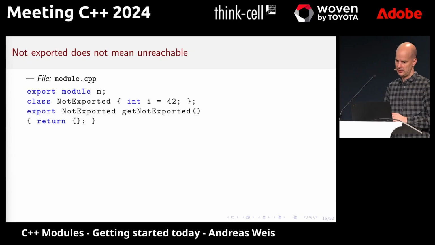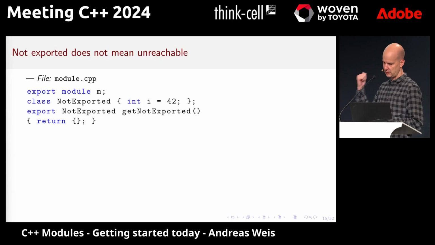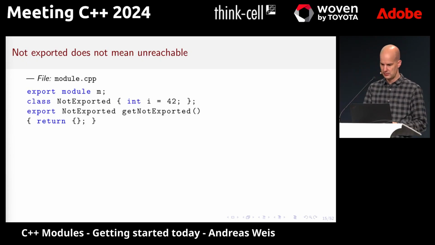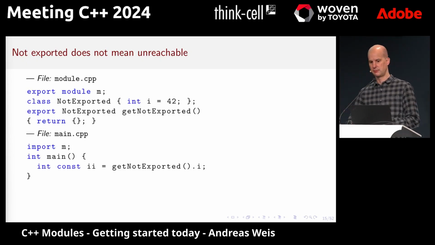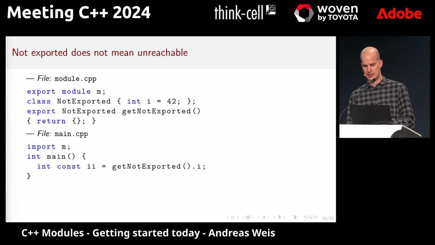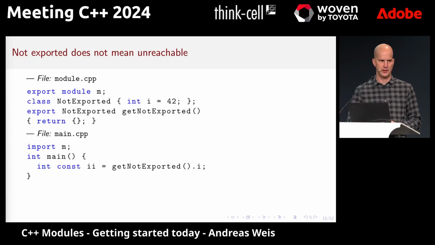I declare a class type, which is not exported, so it's private to the module. But then I have an exported function that returns an object of that class type. And now my client, if they call this function, they can store the return value.